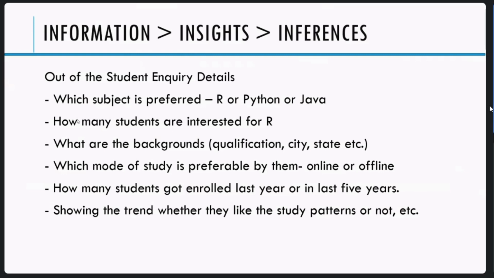So from all these details, when you get all the data, let it be 10, 20, 10,000, 20,000, or 50,000, and so on, you will get to know so many insights out of it. From all of it, you can get to know which subject is popular among the students: R, Python, Java, .NET, and so on.